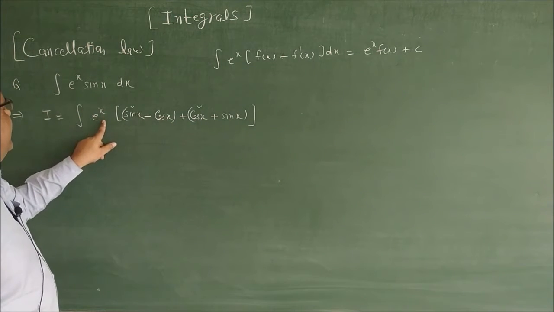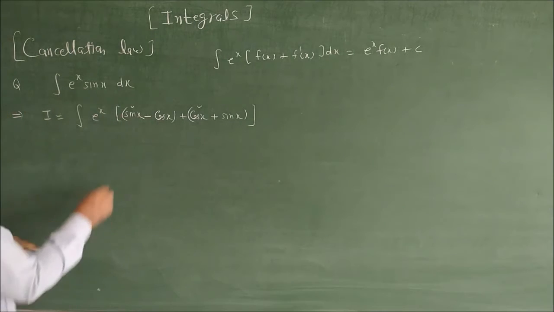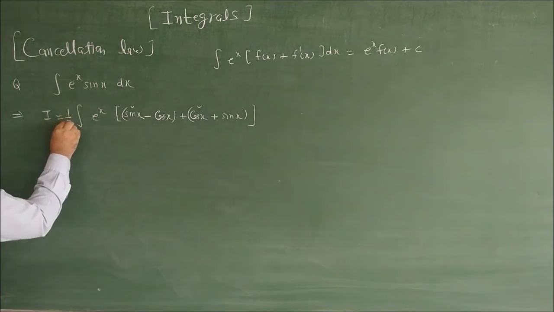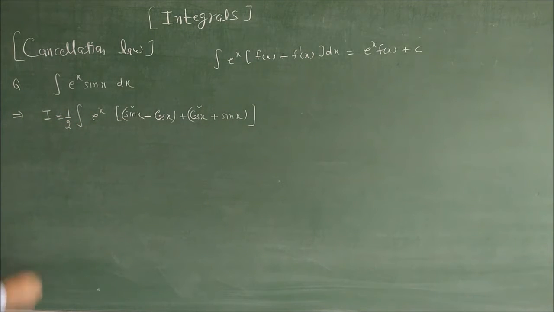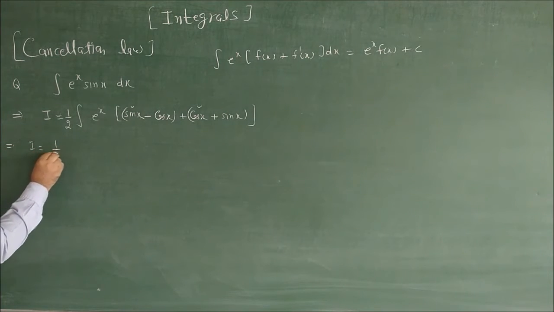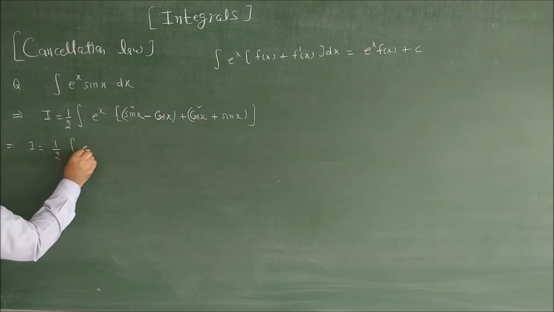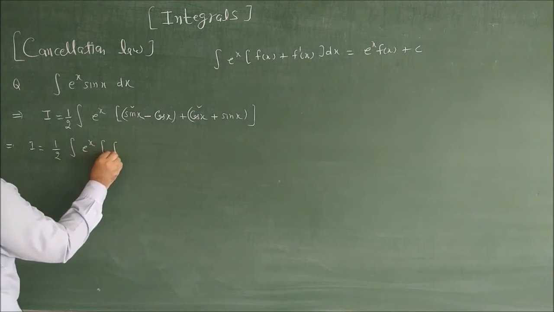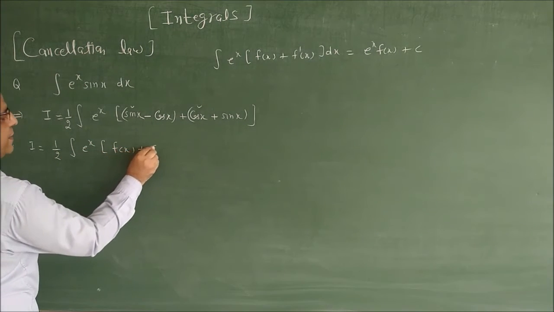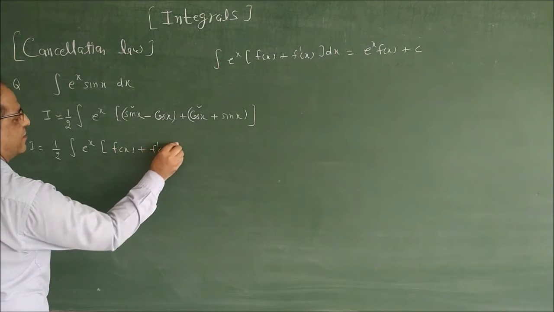So we have e to the power x into 2 sin x. So for balancing multiply by 2 here. Now I equals 1 upon 2 integral of e to the power x (f(x) plus f dash x) dx.